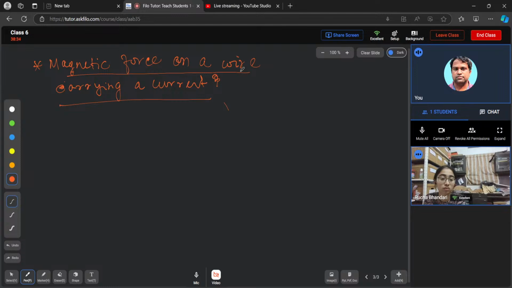So the formula is that the force that will act on a current carrying conductor will be I L cross B. I is the current, B is the magnetic field. Let's say cross, cross, cross, like that: the magnetic field is perpendicular to this plane.